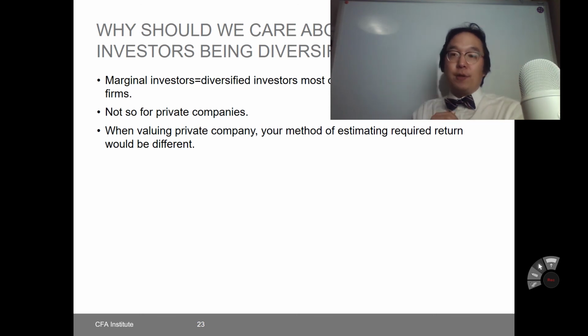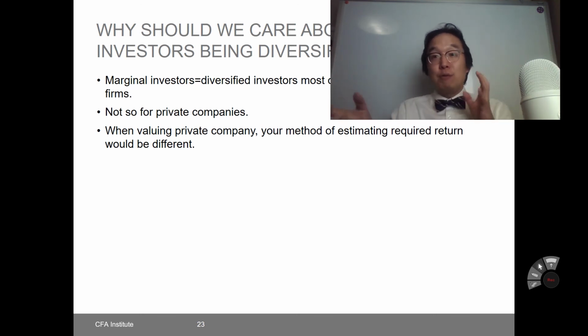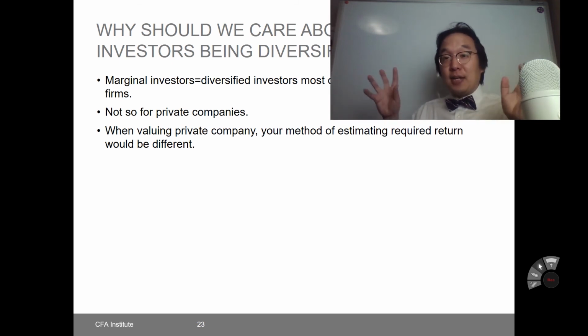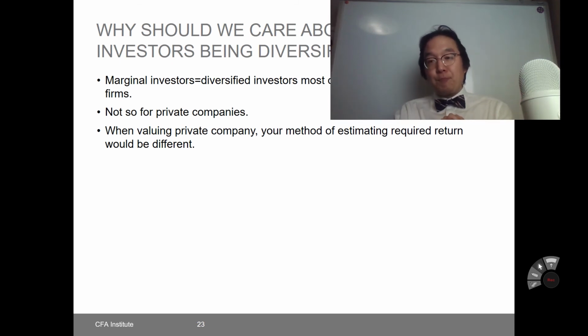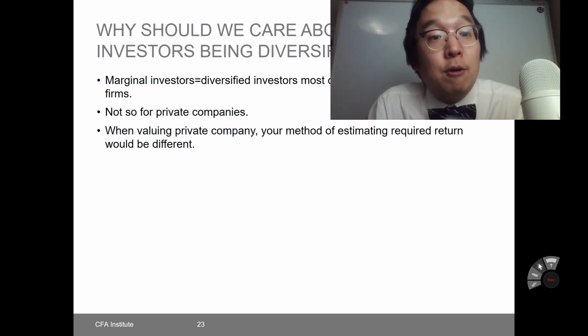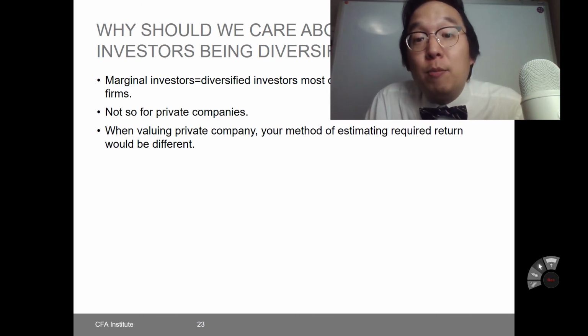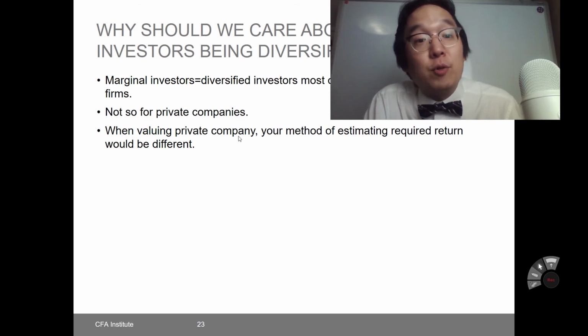Venture funds typically hold 10 to 20 different stocks, whereas the asset managers that I talked about before carry hundreds or thousands of stocks. Now, when valuing a private company, your method of estimating required return would be different.